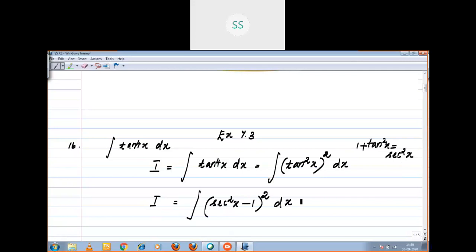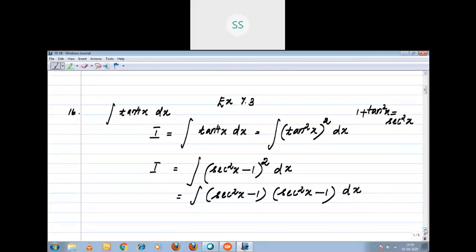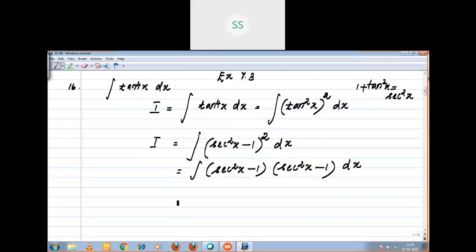See here, integral secant square x minus 1 into secant square x minus 1 into dx. Got it, children? Now you see integral secant square x minus 1.